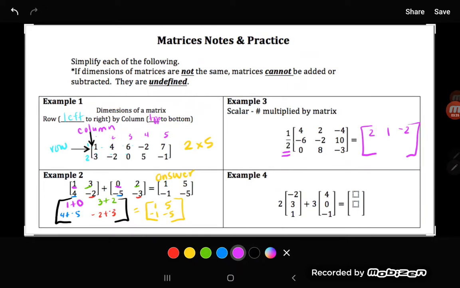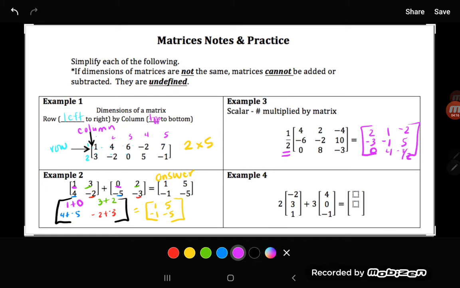Now we're going to the second row. 1/2 times negative 6 is negative 3. 1/2 times negative 2 is negative 1. 1/2 times 10 is 5. 1/2 times 0 is 0. 1/2 times 8 is 4. 1/2 times negative 3 is a negative 3 over 2.